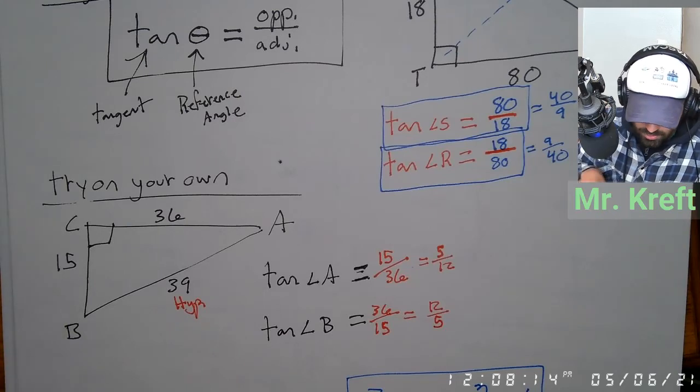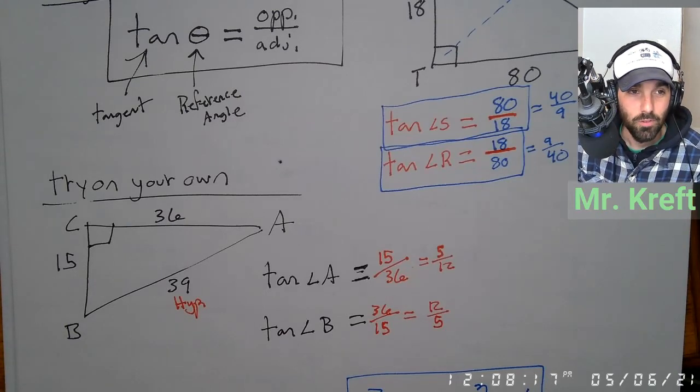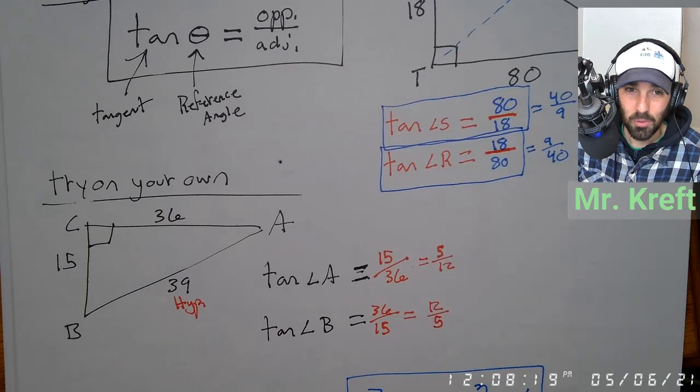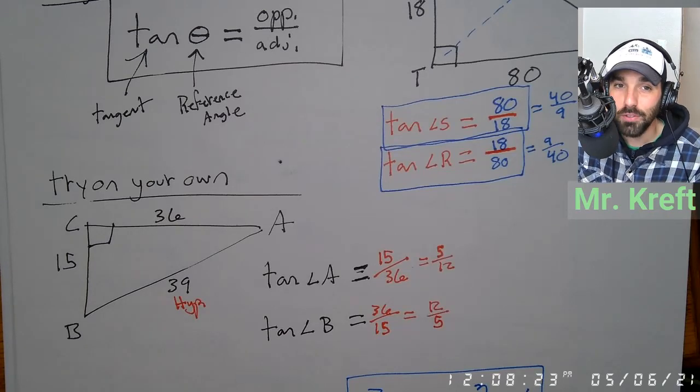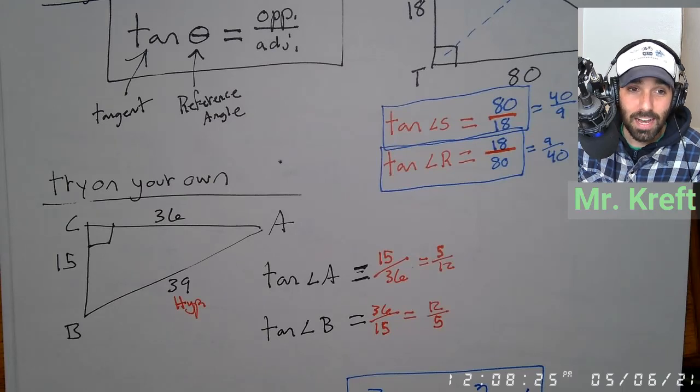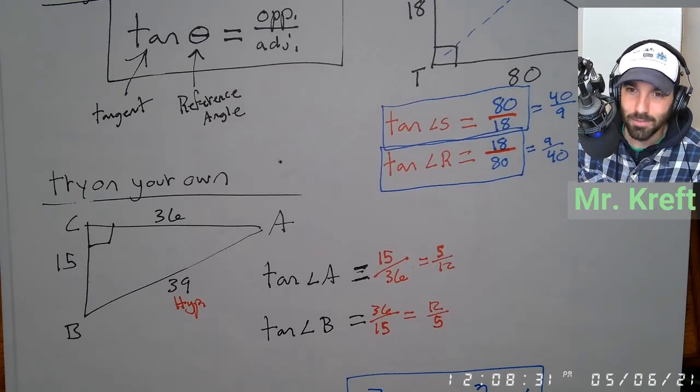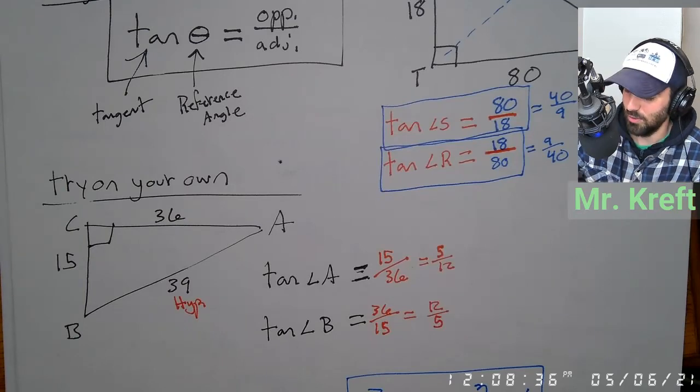How are we doing, guys? Do we have any questions with that? This is just the tangent ratio. It's comparing the opposite side to the adjacent side. It's easy to get confused, guys. This is brand new stuff. I'm not going to expect you to have it down already; that's why I'm teaching it and we're asking questions.